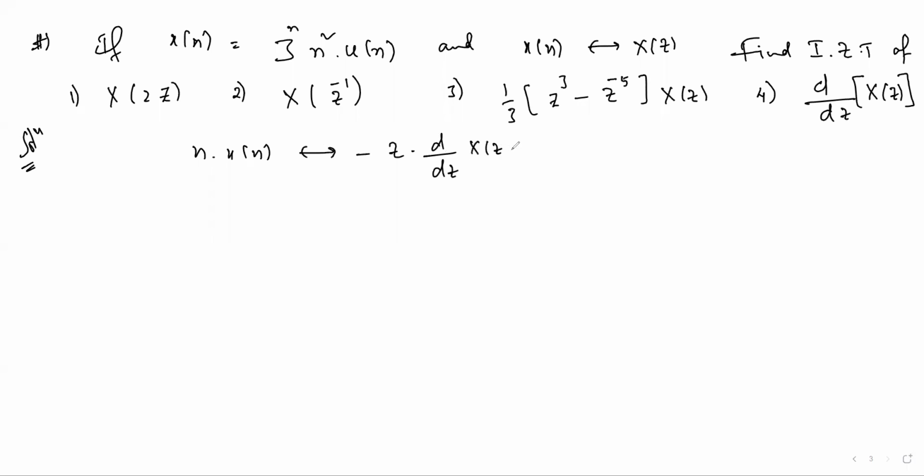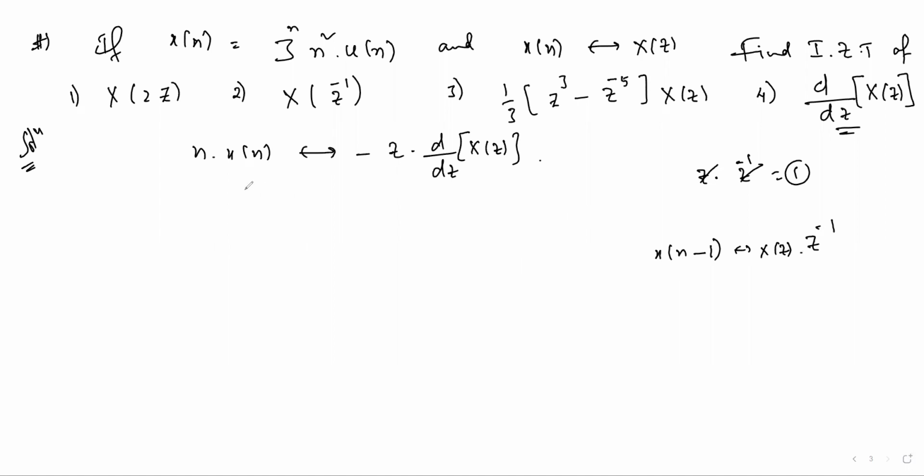This is the property. But he asked for the inverse Z transform of only this derivative. What can we do? This z should not be there. If we multiply this z with z inverse, then both will become one. Z inverse in the z side means, in time side, it is shifted by 1. So in the z domain, you will get z inverse like this.